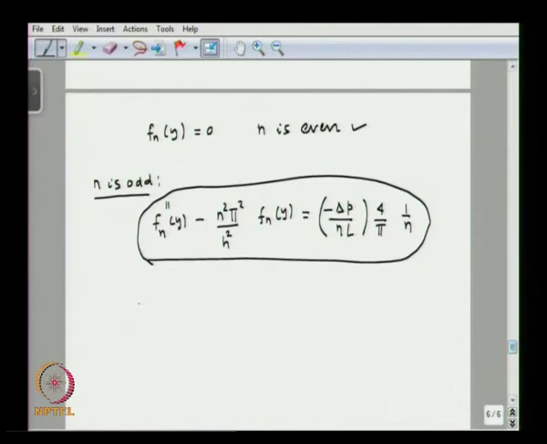Okay. So, we can write the solution f_n(y) to be f_n(y) inhomogeneous and f_n(y) homogeneous.